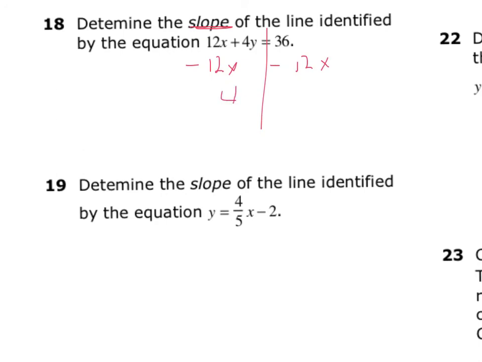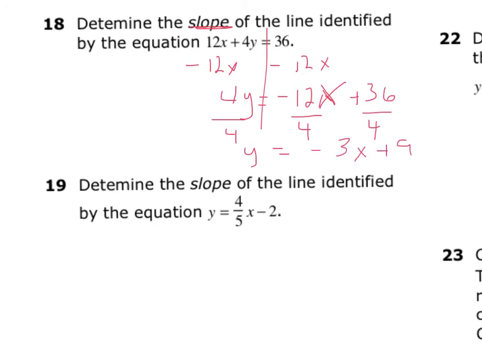And we're left with 4y equals -12x plus 36. Divide everything by 4. Y equals -3x plus 9. Slope is our coefficient, so m is equal to -3.